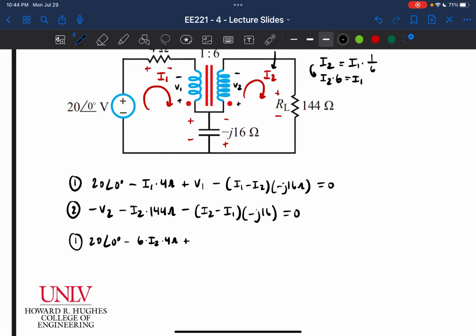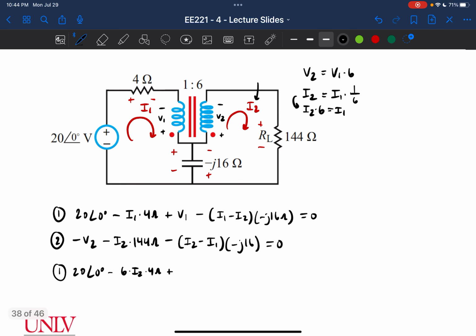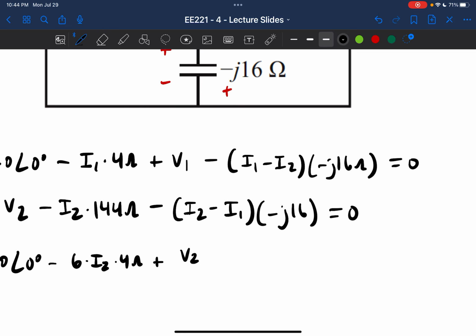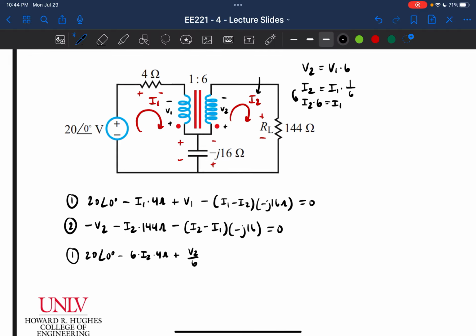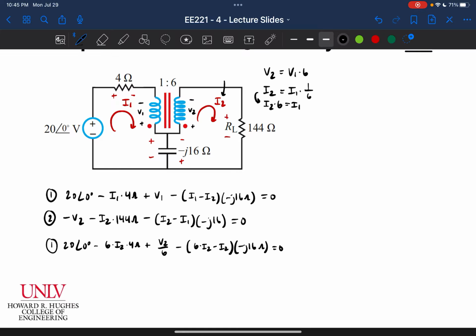My V1 is going to get replaced with V2 divided by 6. Then I get minus I1, which is 6 times I2, minus I2, times minus J16 ohms, equals 0. So my first equation is now just in terms of I2 and V2.